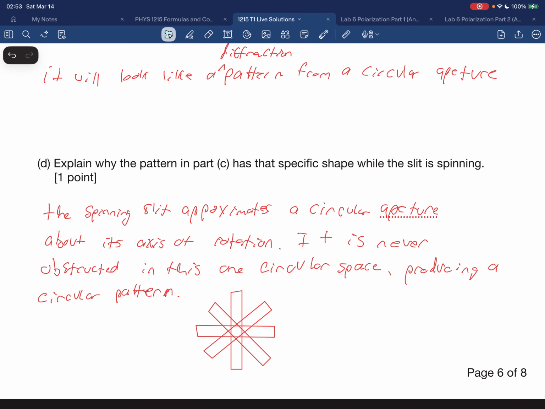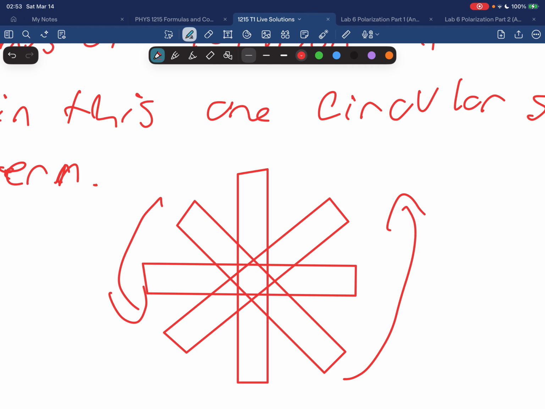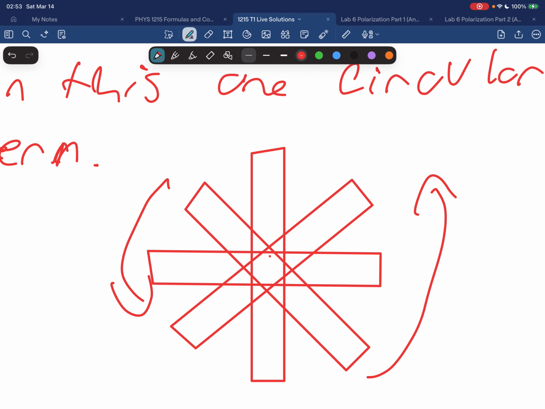Sure. Okay, so here's our slit that is spinning. And you can see, if I zoom in nice and close here in the center, we have what appears to be a circle. So as the slit spins through all infinite angles, we will get a better and better approximation of a circle here. Now, yes, some light, sorry, cat hair on the screen, had to blow it off.